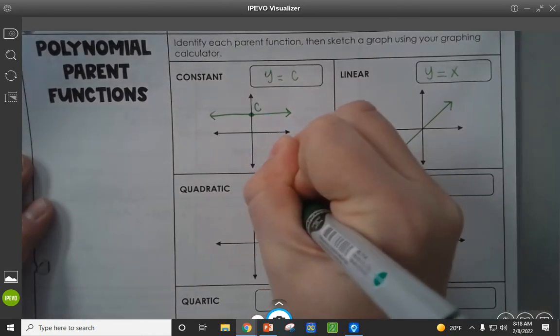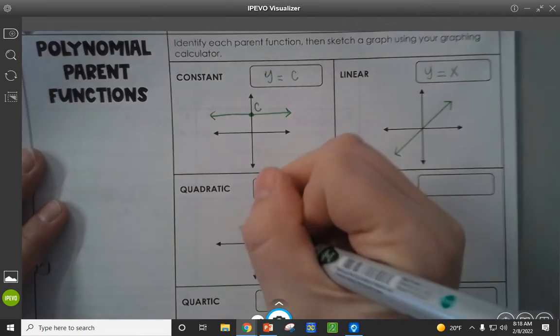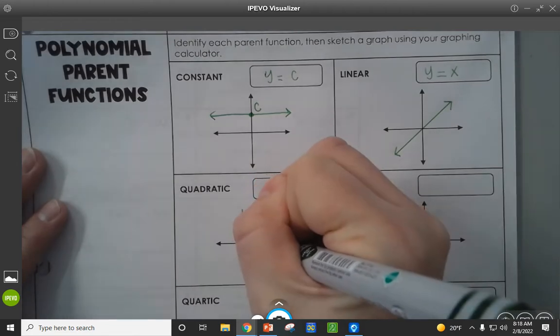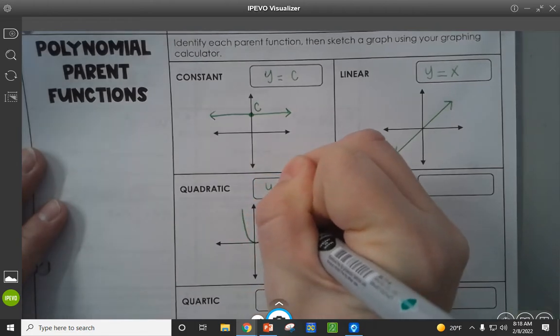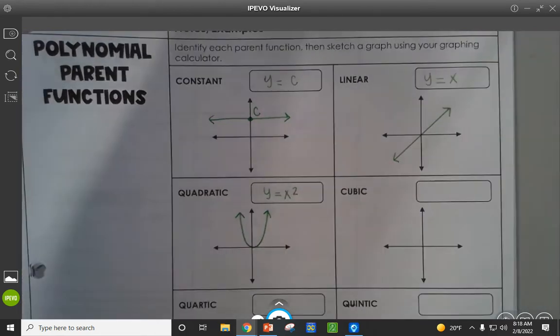Quadratic is y equals x squared. You should have an idea of what this graph looks like. So we did this in Unit 5. That's called a parabola.